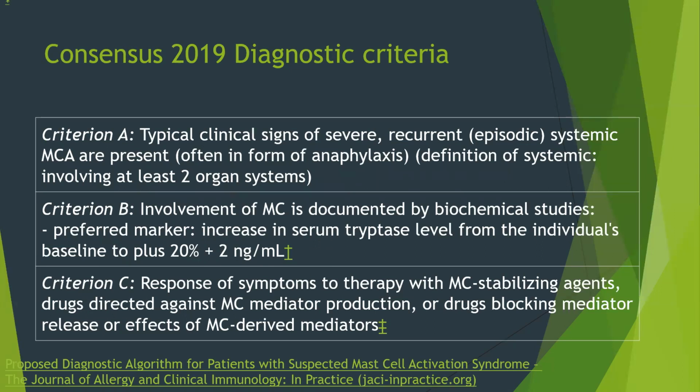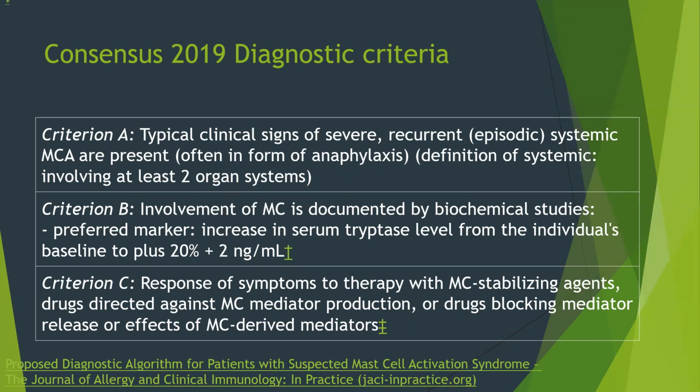So what are the criteria? There is this consensus from 2019, and they say you have to have at least 2 organ system involvement. So for example, gastrointestinal, you have diarrhea, and let's say you have hives. At least those 2 need to be present, or wheezing, like recurrent asthma, and diarrhea.